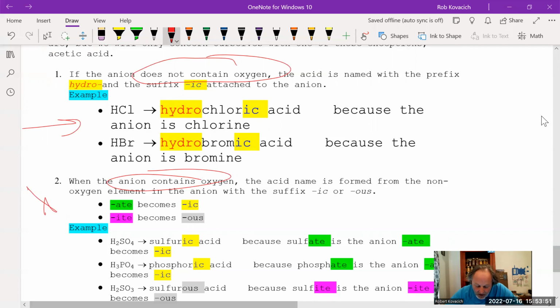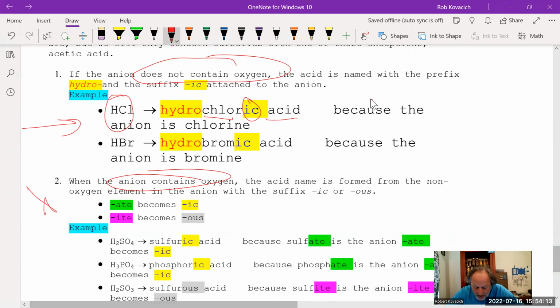So if it's got no oxygen in it, I'm going to start off my phrase with hydro. And then, so there's no oxygen here, so this is hydro and then chloric acid. So I'm always going to end with this acid part, the word acid, with any of these. So HCl is hydrochloric acid.